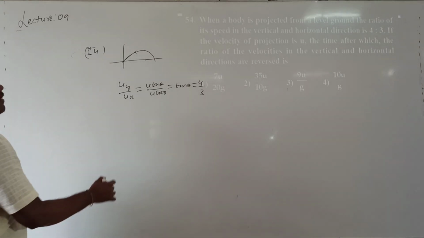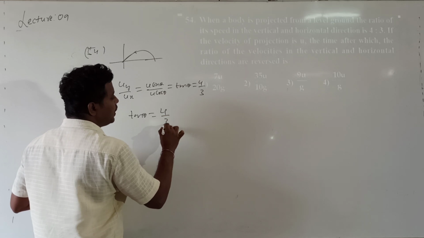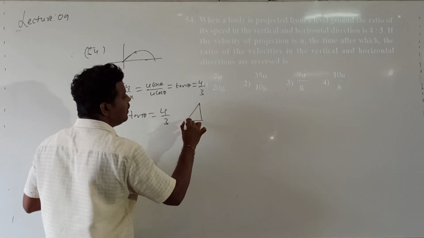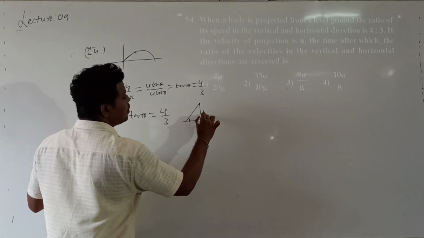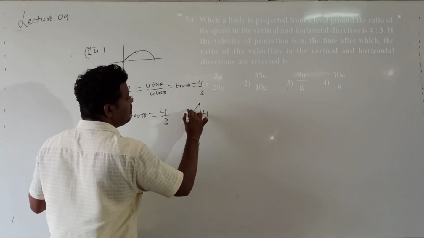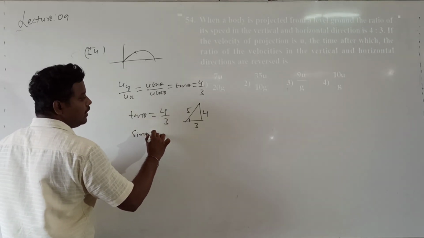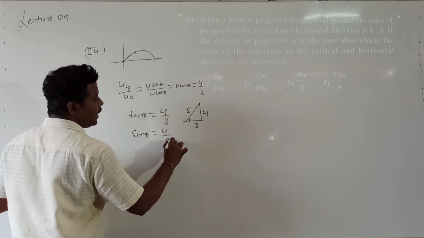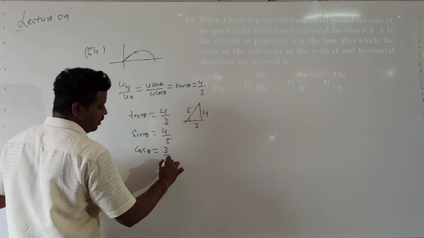Okay, so tan theta is equal to 4 by 3. But sometimes we also need cos theta and sin theta. So if theta is the angle, the opposite side is 4, the adjacent side is 3, and the hypotenuse will be equal to 5. Then sin theta is equal to 4 by 5, and cos theta is equal to 3 by 5.